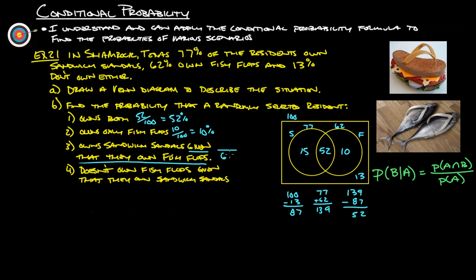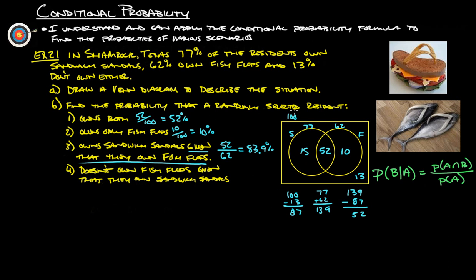So that is 62 total people. So of those 62 people, how many of them also own sandwich sandals? Those 52 out of 62 also own sandwich sandals. That calculates out to 83.9% if you want to keep leaving things in percent, or you can leave it in a fraction. That's fine too.